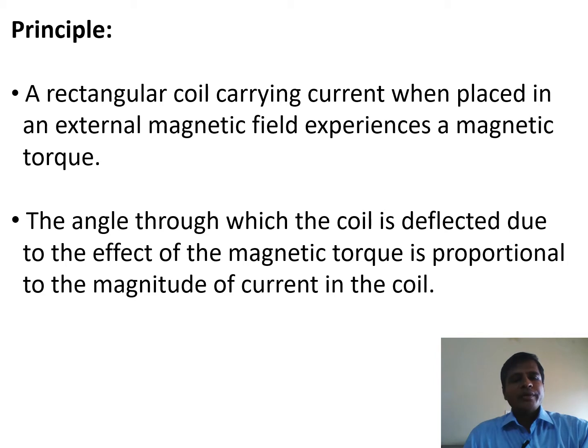The angle through which the coil is deflected due to the magnetic torque is proportional to the magnitude of the current flowing through the coil. In other words, the ballistic throw, theta, of the ballistic galvanometer is directly proportional to the current flowing through the coil.